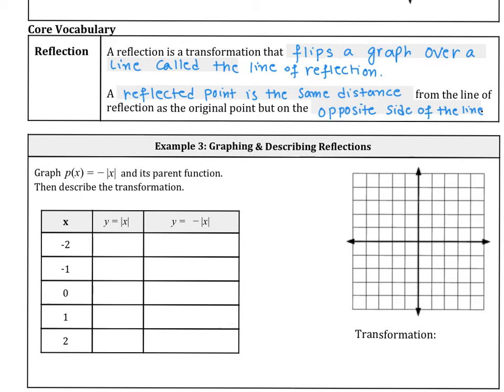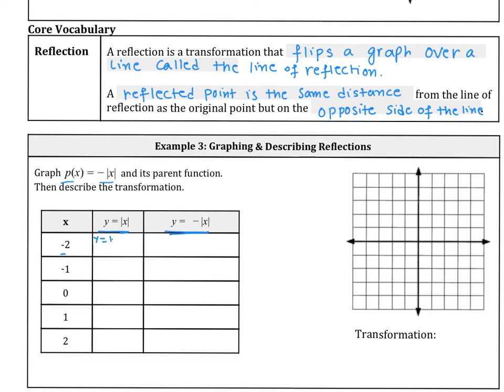Graph p(x), that is the negative absolute value of x, and its parent function. This y equals absolute value of x is the parent function, and this part right here is the negative absolute value, and it's also called reflection of absolute value of x. When you make a table, you're going to use the -2 and plug it in here for the y value.